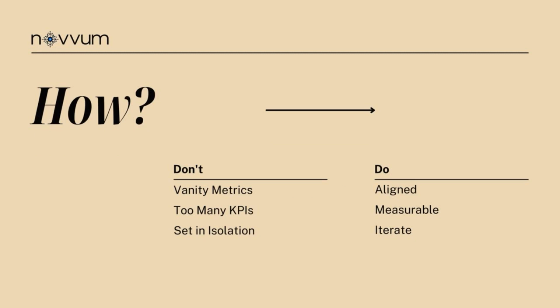As to how we do this, there are a few things we really shouldn't be doing when we set these KPIs. One is vanity metrics, things like number of followers or how many likes I got.